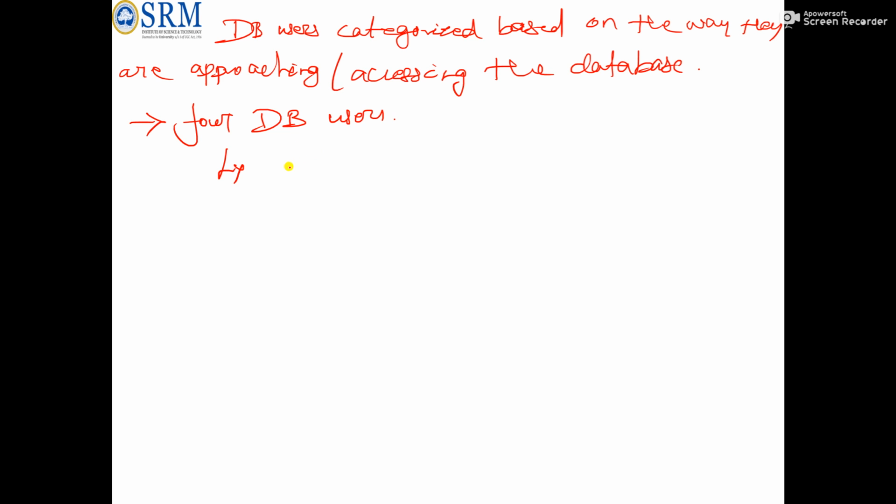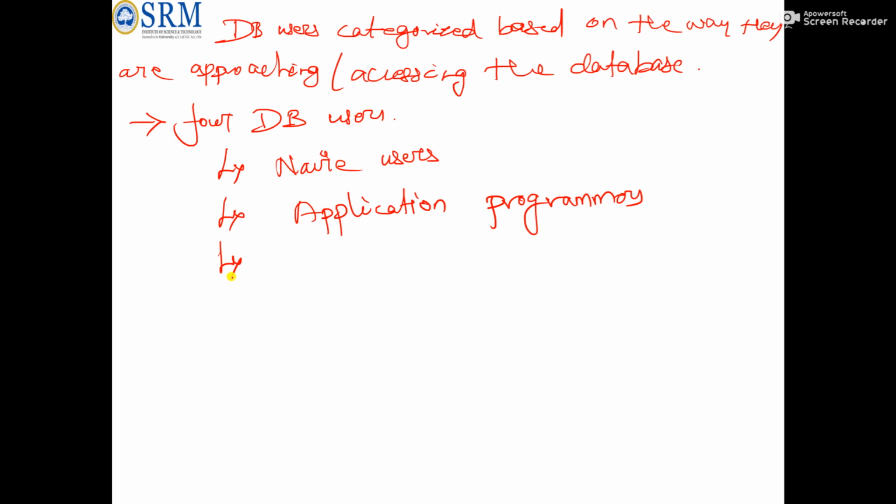One is called the naive users, next is the application programmers, the third category is called sophisticated users, and the fourth category is the database administrators.